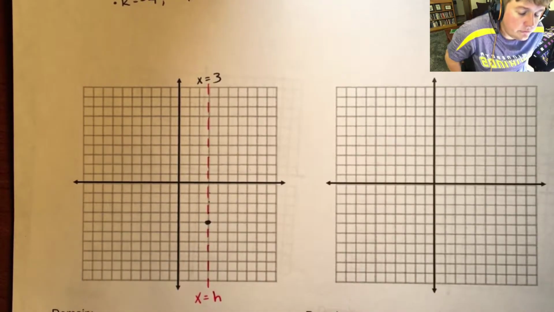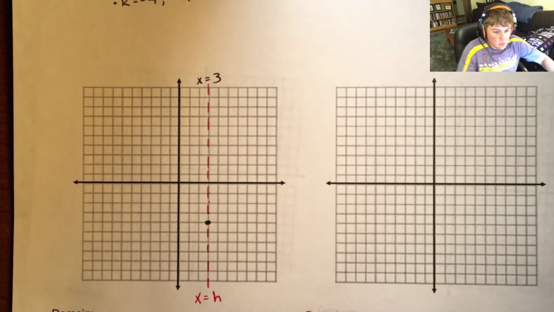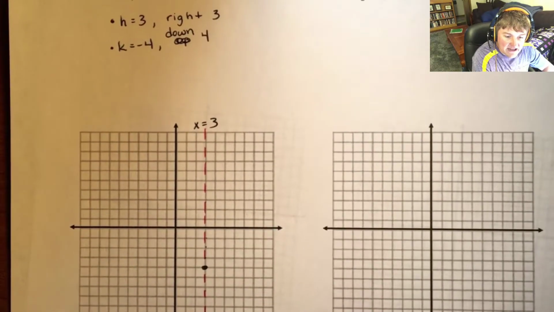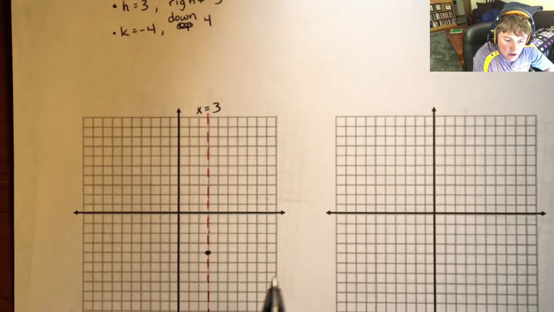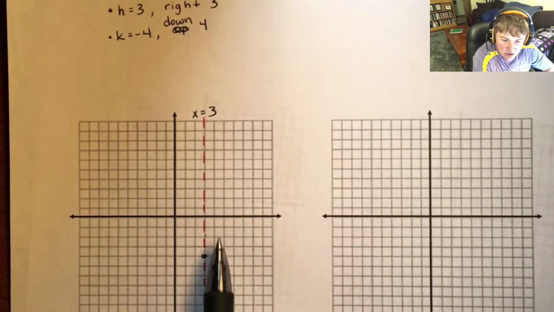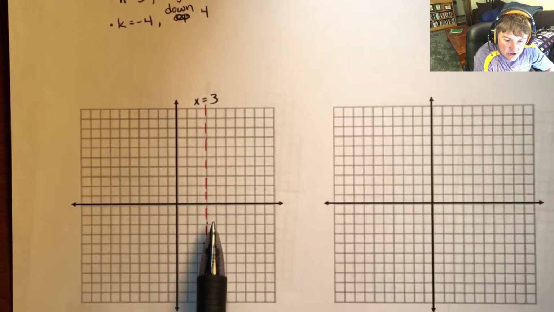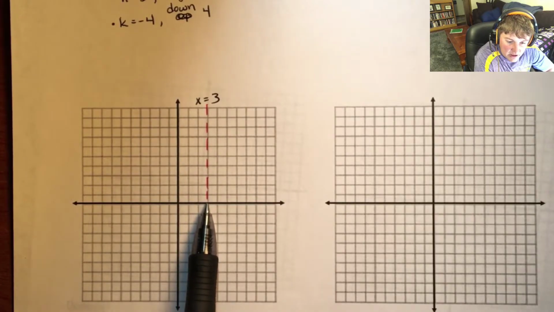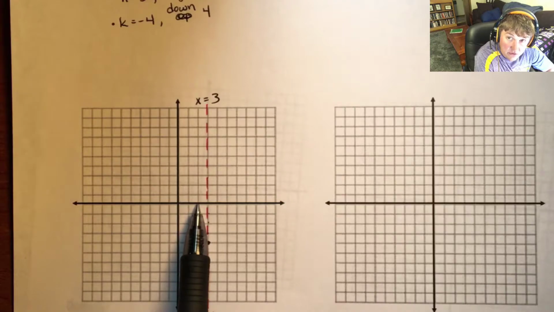So let's go ahead. What you want to do next is pick x values near your axis of symmetry. So I have an axis of symmetry of 3, so I can either pick x value 4 or x value 2.